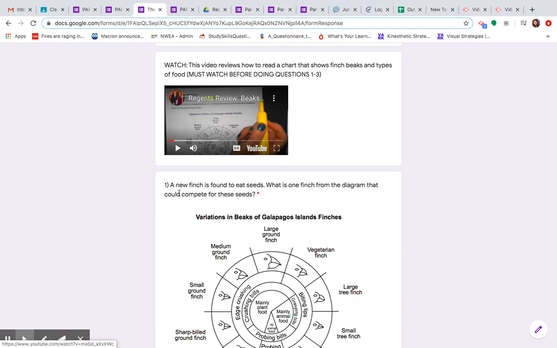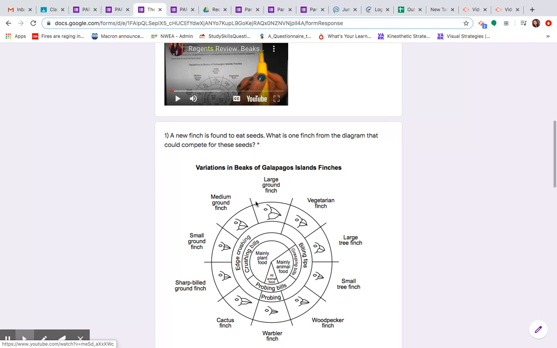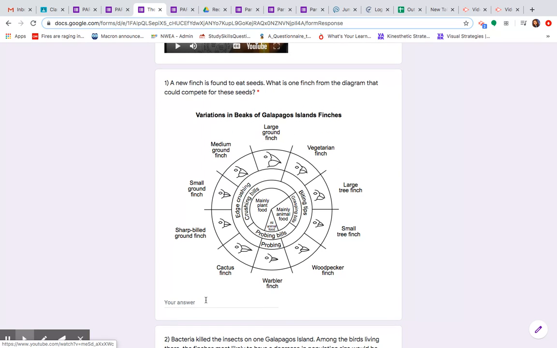All right, number 1, a new finch is found to eat seeds. What is one finch from the diagram that could compete with this species for the same seeds? All right, so what is a bird in this diagram that would also eat seeds? All right, you are going to type your answer in here.